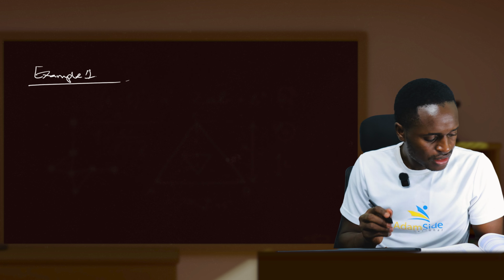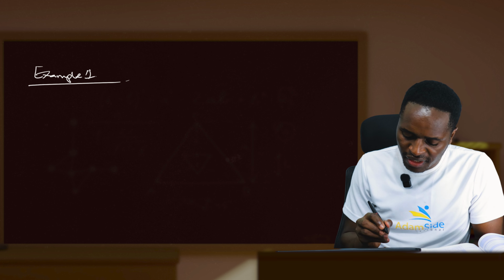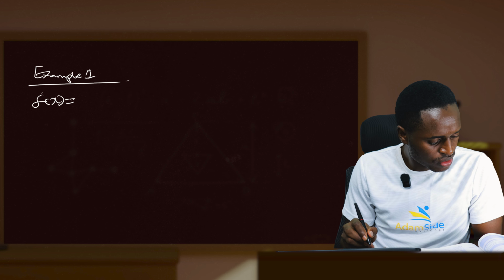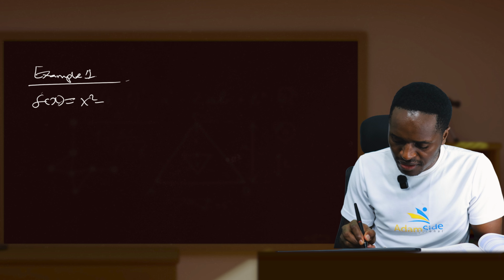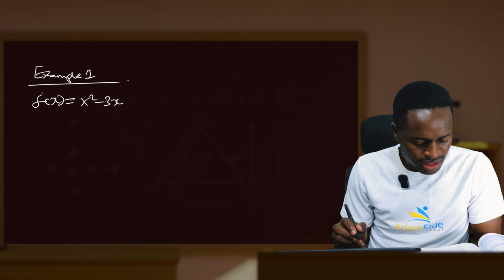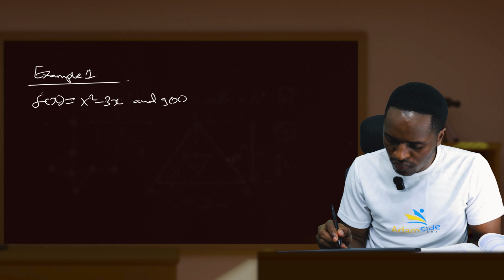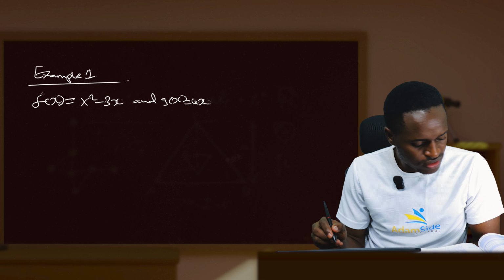Example 1. We say, given that f of x is equal to x squared minus 3x, and g of x is equal to 4x minus 6.